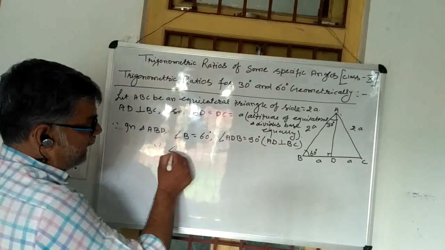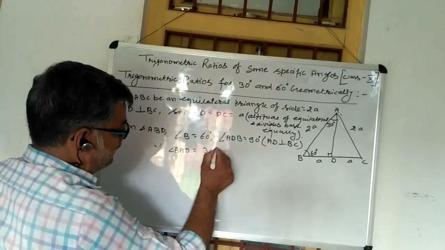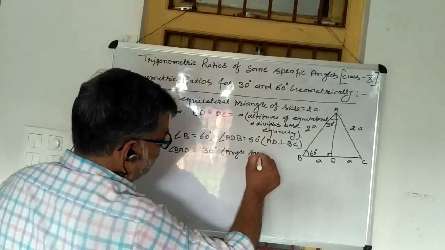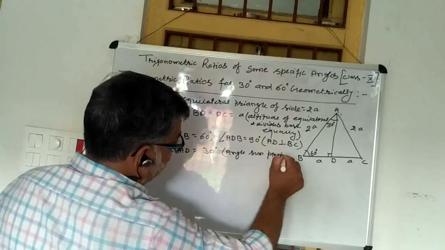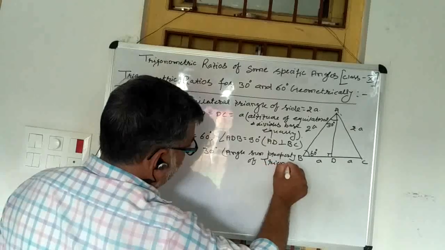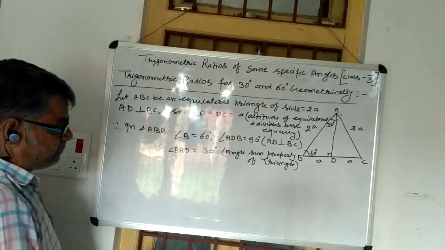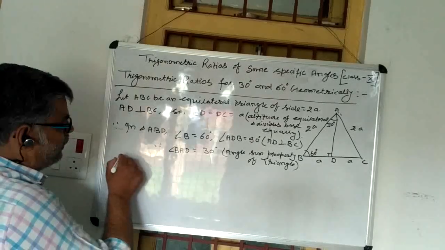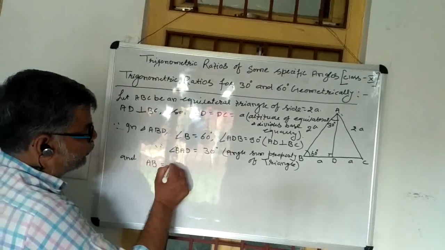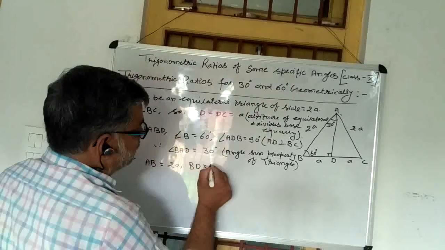Therefore angle BAD will be 30° by the angle sum property of a triangle. Angle sum property of a triangle. So, we have side AB equals 2a, BD equals a.